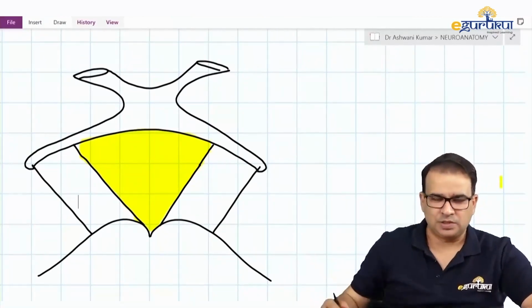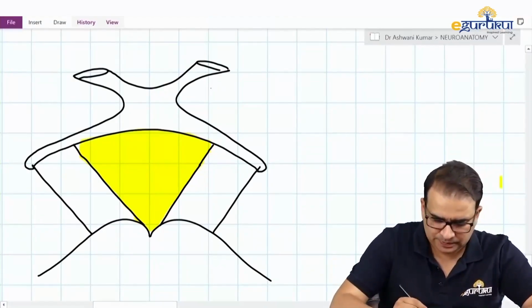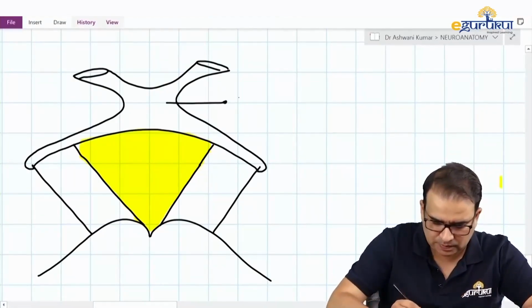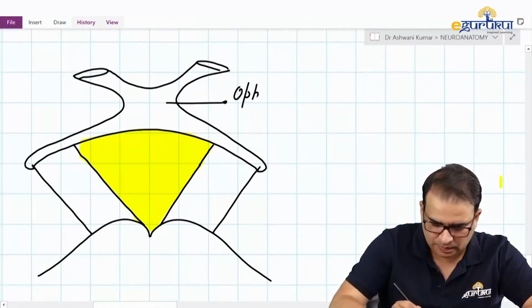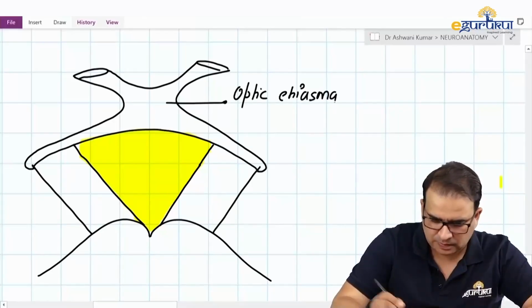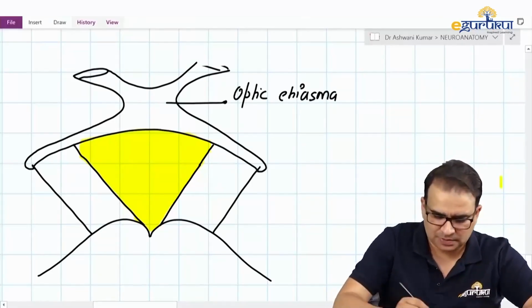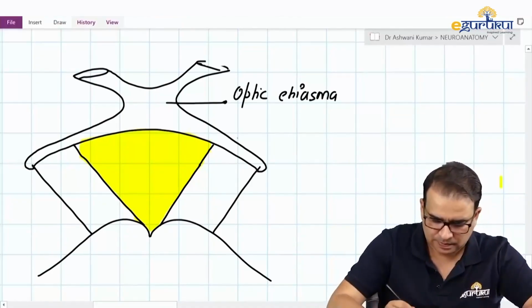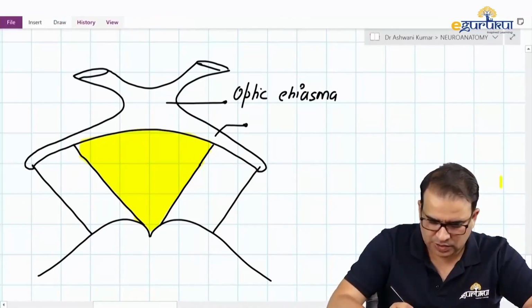So if I have to mark the boundaries of this fossa, it starts with this optic chiasm which is present in the midline ventral, that is optic chiasma. Then we got this tract.